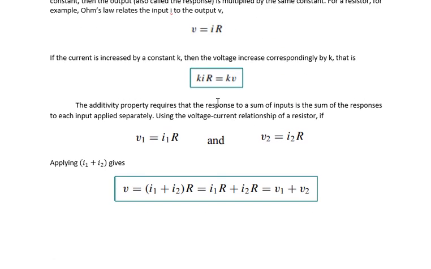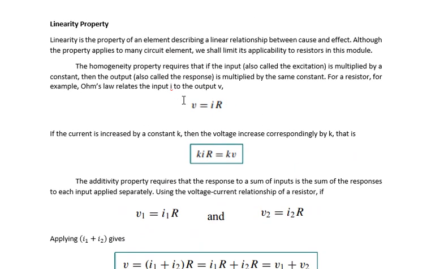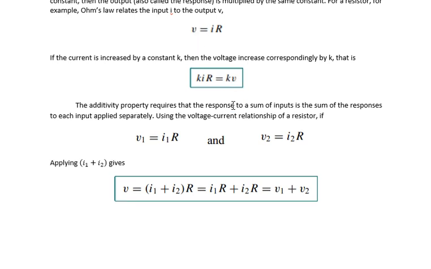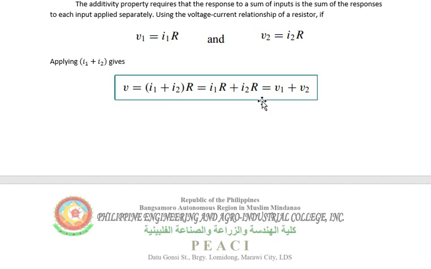Just like in this equation, which is the most basic linear origin of the equations we will use: voltage is equal to IR, or K times IR is equal to KV, where K is the proportionality constant. It means that if you increase the value of the right side, the left side of this equation will also increase. That is the meaning of the linearity property of a circuit.